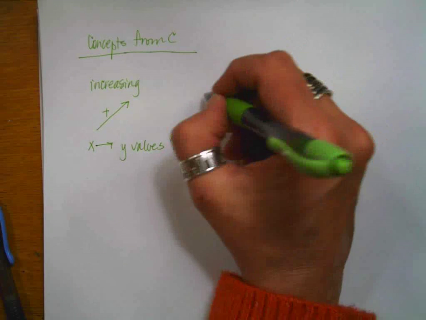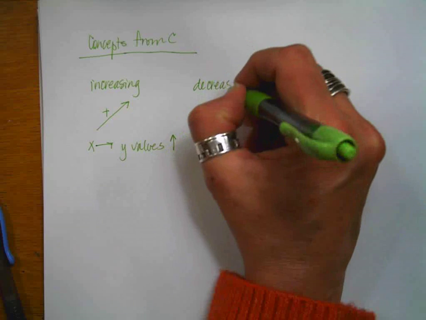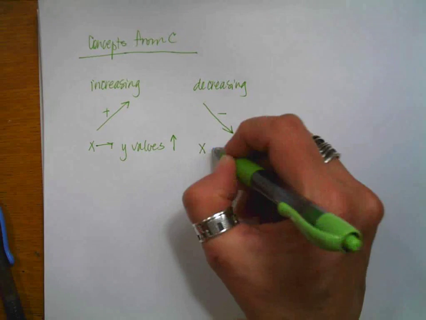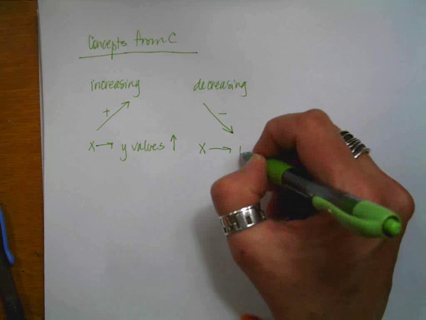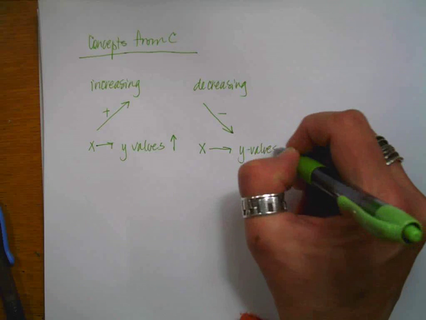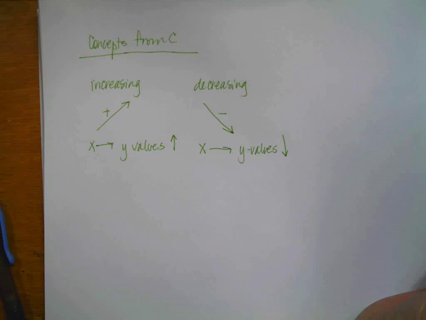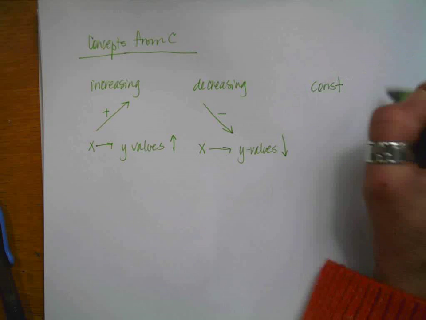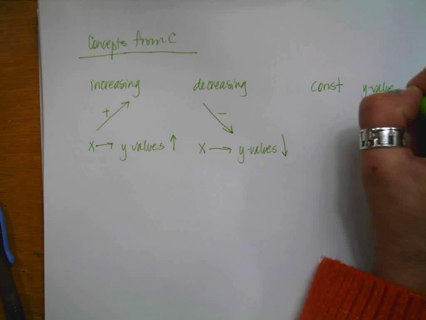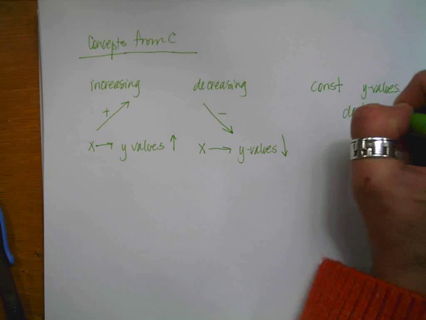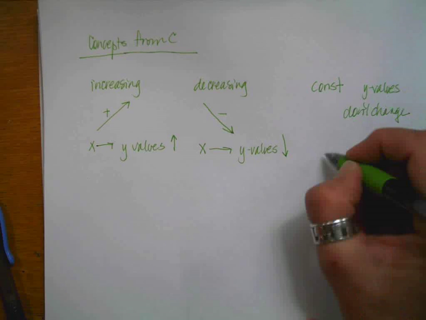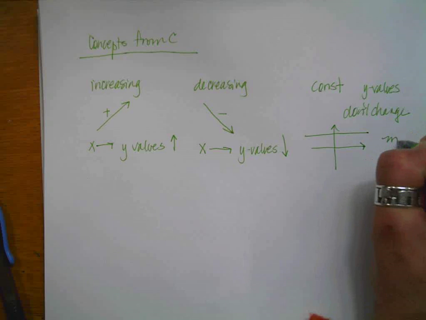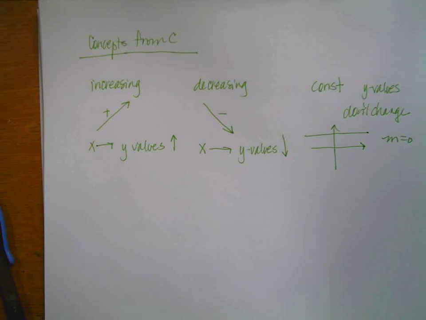A decreasing function is going to have a negative slope, and that means as the x values get bigger, the y values are going to get smaller. If a function is constant, that means that the y values don't change, and so then that means that it's going to be a horizontal line and the slope is equal to 0.